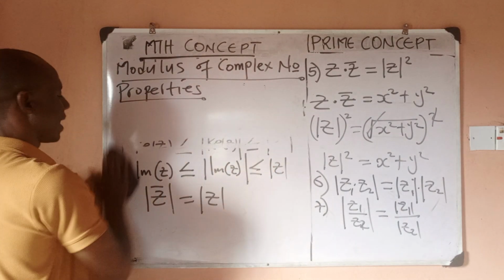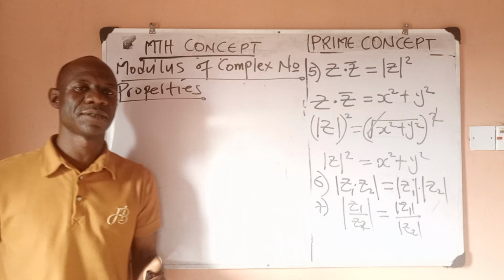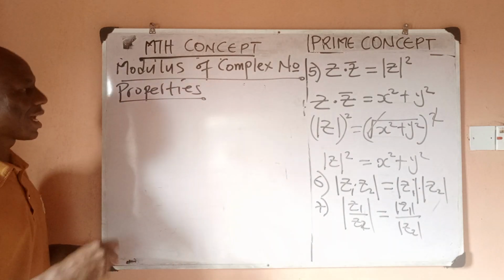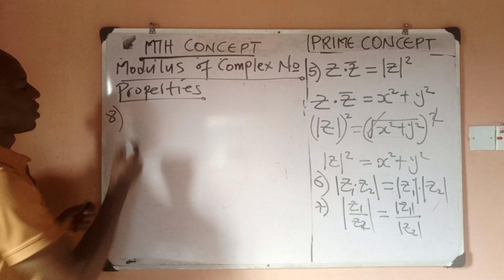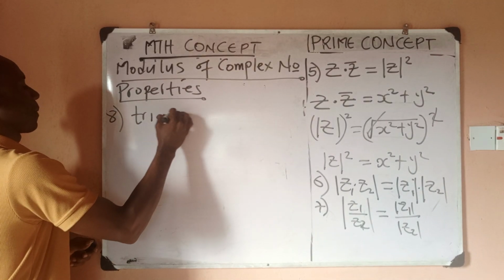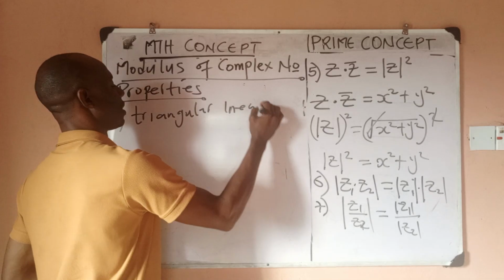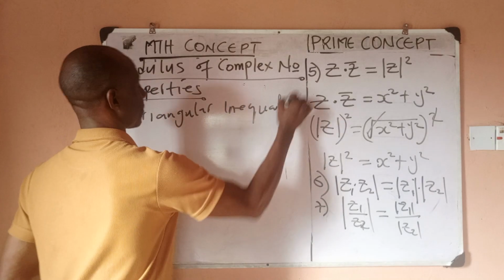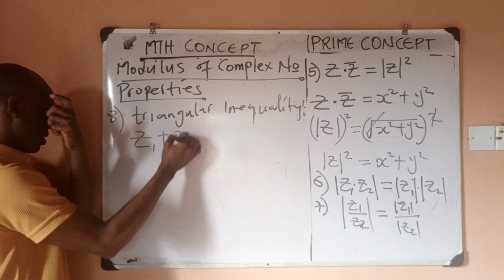And then I want to add one more, which is a bonus property. We call that triangular inequality. I'll be proving this in my next video. For now, I'll just add it. Number 8 is what we know as triangular inequality. Say we have z1 plus z2.